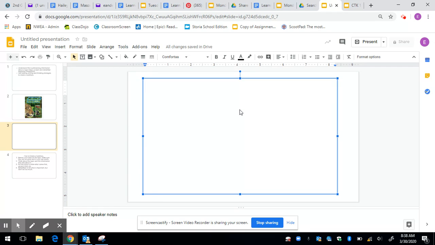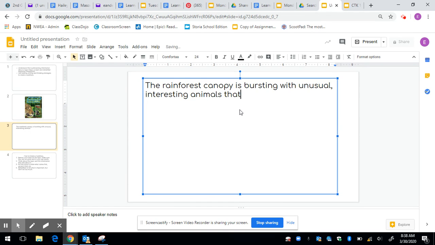So I'm going to write, the rainforest canopy is bursting with unusual, interesting animals that spend their lives in the leafy trees. We try to use language that gets our readers interested in reading our summary.